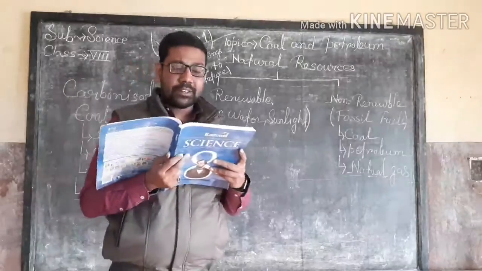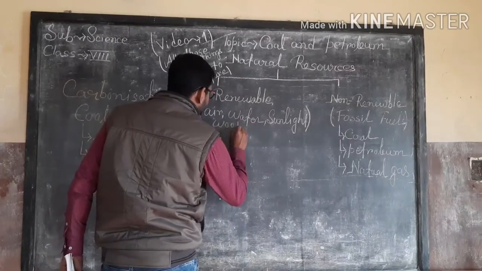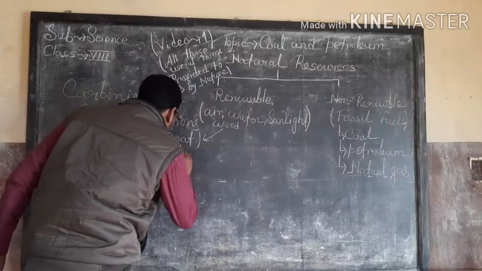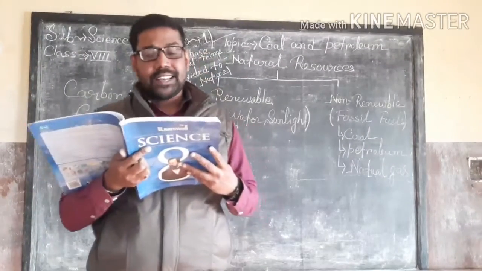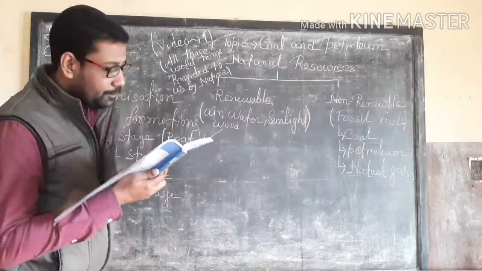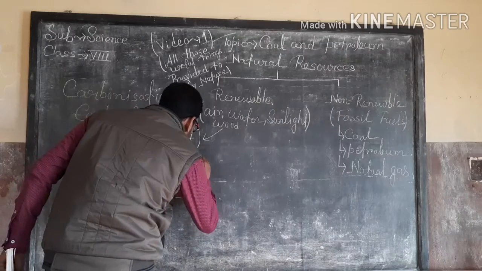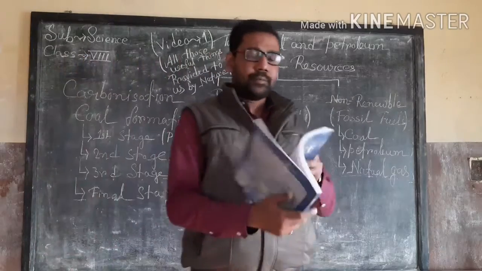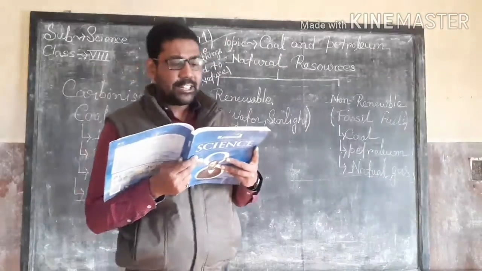In the second stage, the peat gets compressed. This peat comes from wood. In the second stage, the peat gets compressed between sediment layers and forms a brown coal called lignite. So from this you get lignite at the second stage of coal formation, which consists of compressed woody matter with very little moisture.